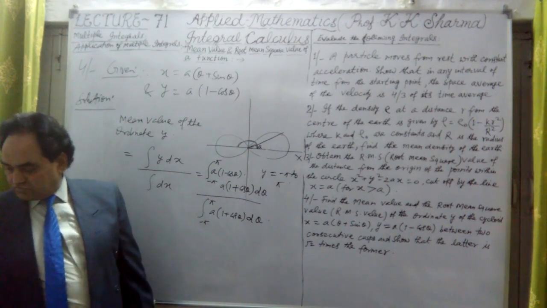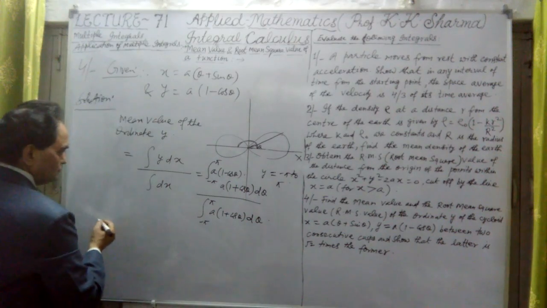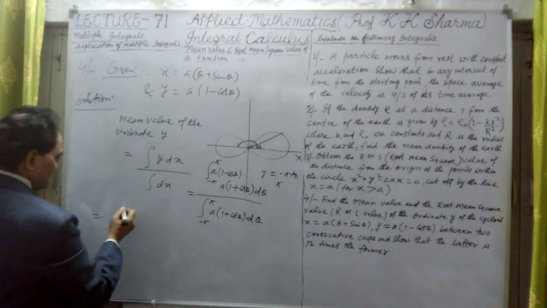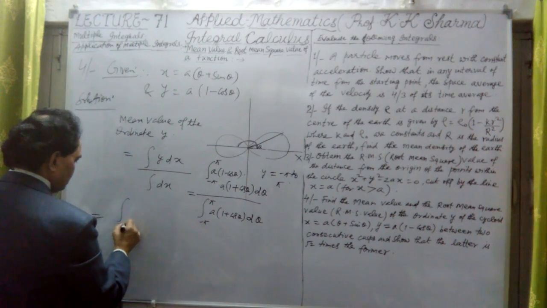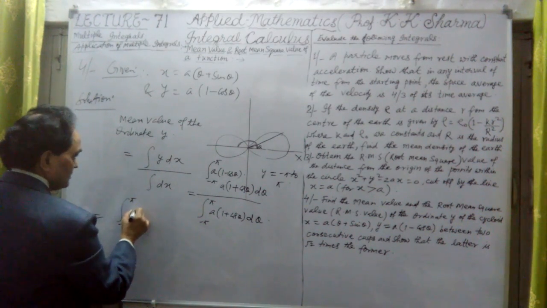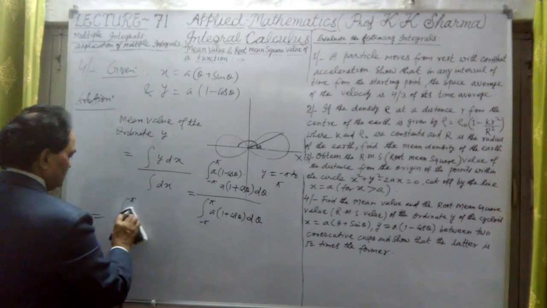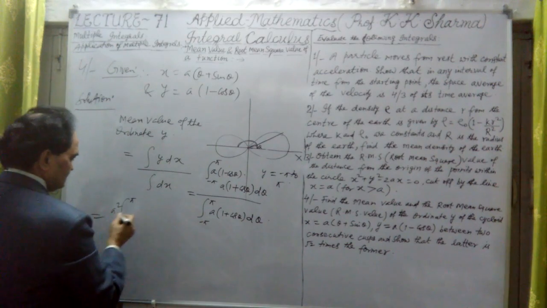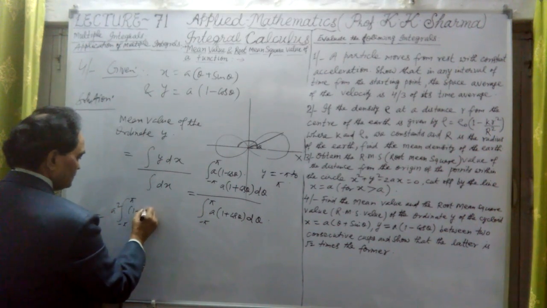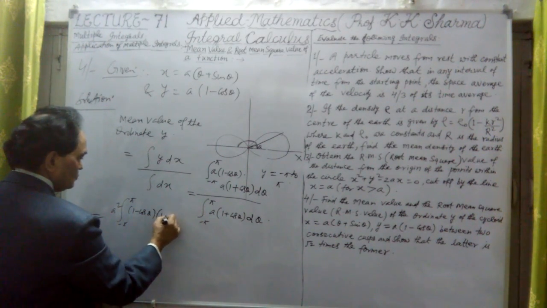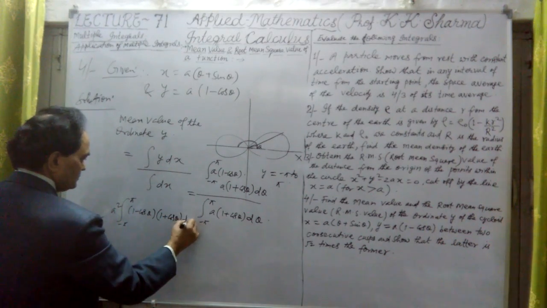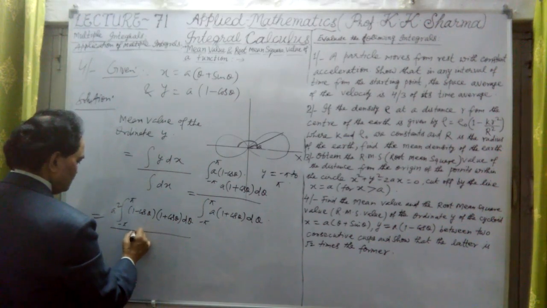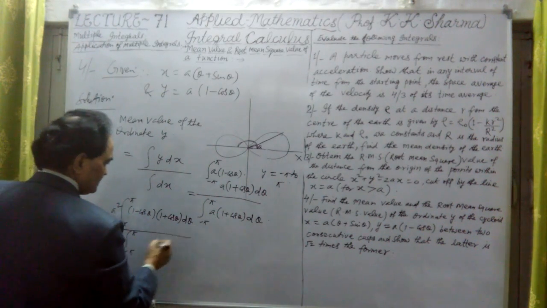Now let me further calculate this. Let me finally solve it. Minus pi to plus pi, a squared outside, 1 minus cos theta into 1 plus cos theta into d theta, divided by minus pi to plus pi of 1 plus cos theta only.